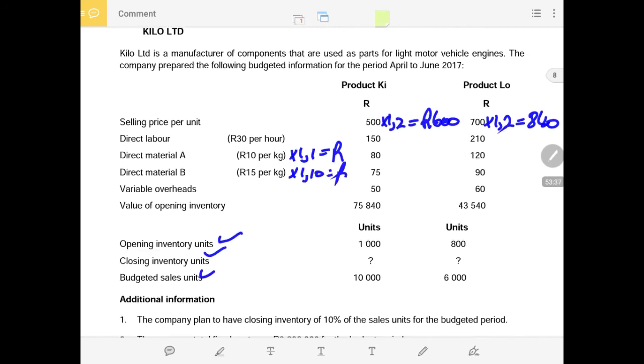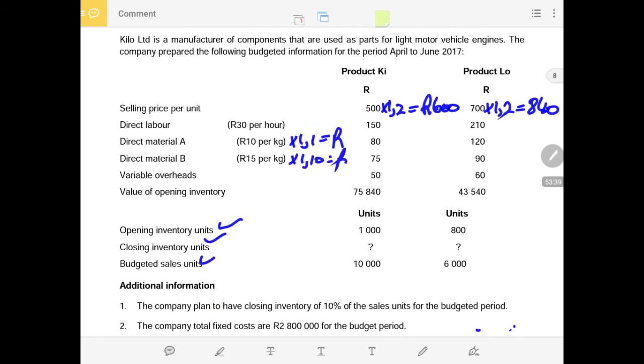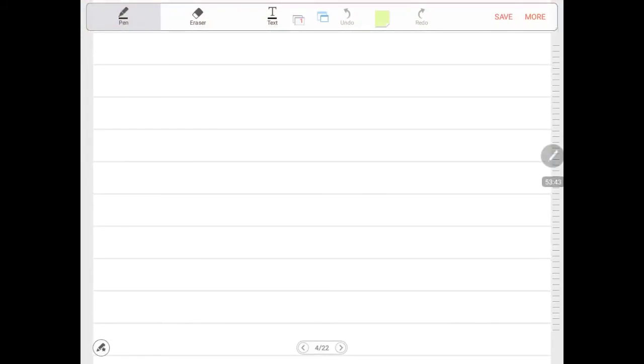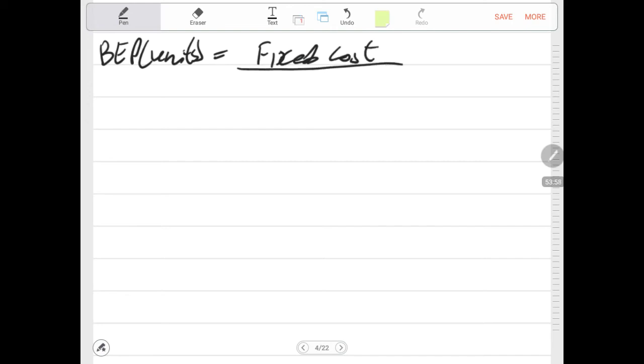Our break-even point in units is simple: fixed cost divided by contribution per unit.